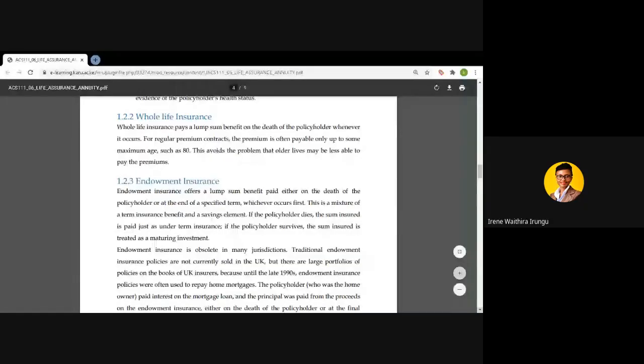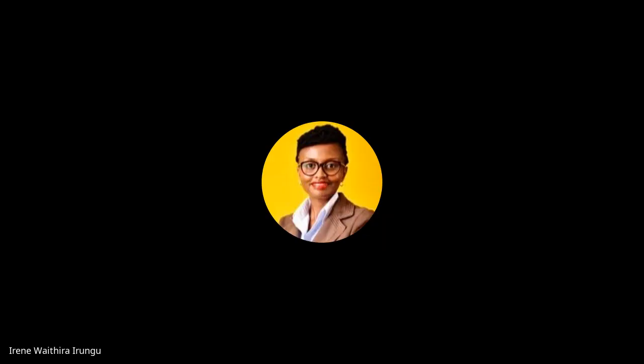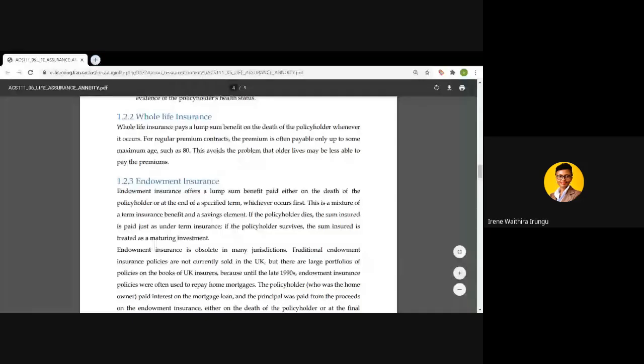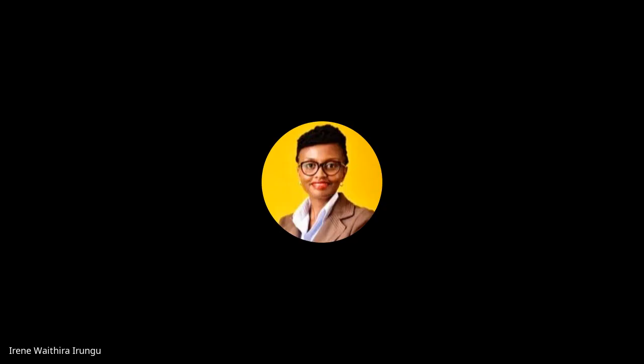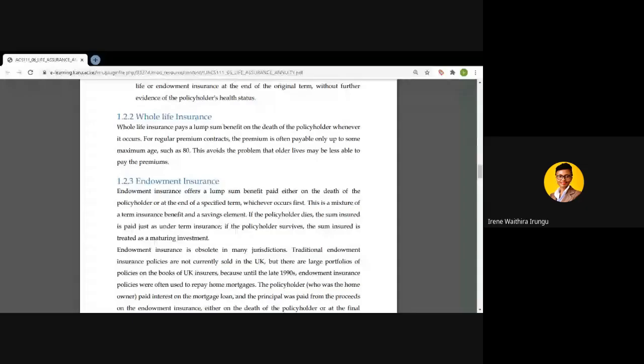So even when they're being priced, often you'll find that there's a caption on the age limits, which will be considered. So that is the distinction. I hope it is clear on the distinction between the whole life and the term. Here we are not considering that death should be occurring within a specified period of time.